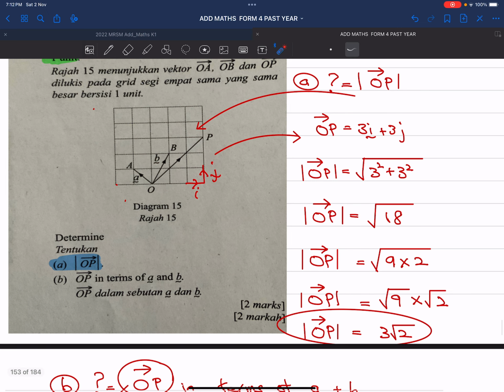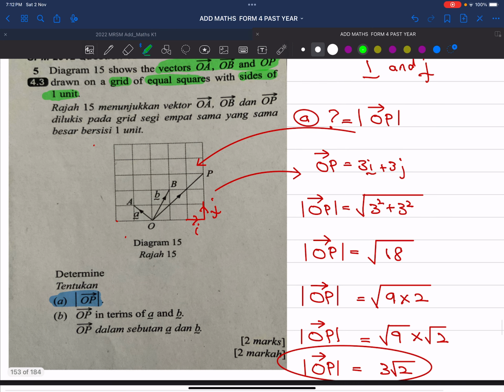Part A. Find the magnitude of the vector OP. Question asking the magnitude, the two lines, magnitude of the vector OP. Now before you find the magnitude of a vector, you need to find the vector OP.